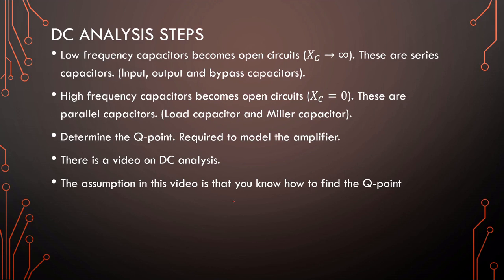In the case of a load capacitor or a Miller capacitor, there's not going to be any of those in these problems, but that is how you treat these capacitors. Then you determine the Q point, so plain DC analysis using Kirchhoff. There is a nice video about all the biasing configurations. The Q point is important for us to find our small signal parameters.